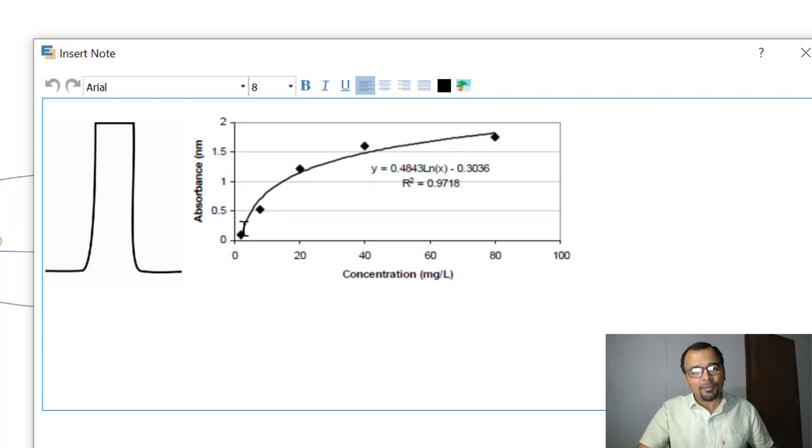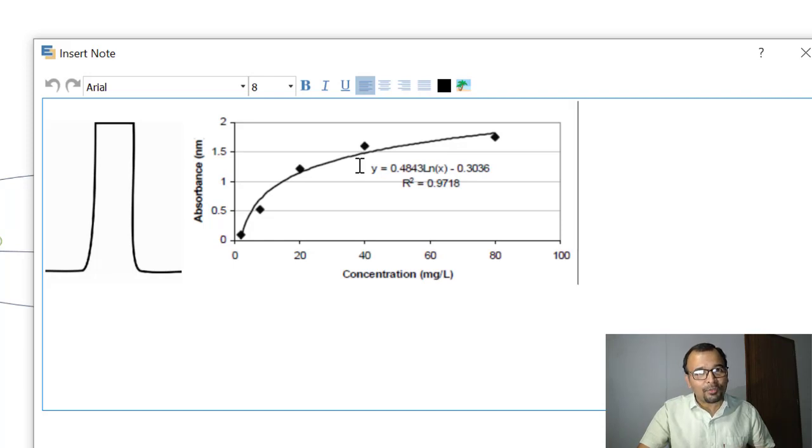Let us say point number 1, point number 2, and point number 3. Up to these 3 points, you can see there is a linear response. But the moment you move to, let us say, the concentration of 40 ppm, this is the fourth point, it is not linear, right?